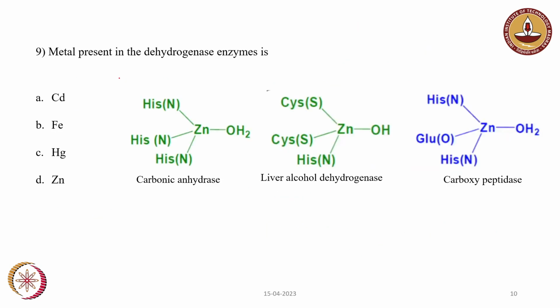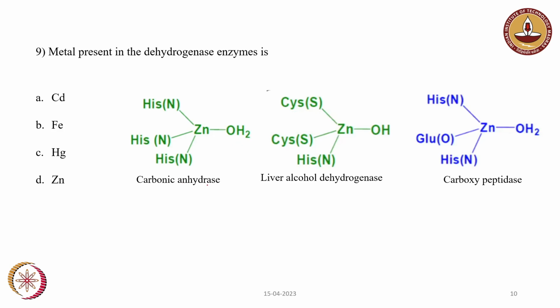Next question is: metal present in dehydrogenase enzyme is option A cadmium, option B is iron, option C is mercury, and option D is zinc. So in most of the enzymes, zinc is present. Here three examples of enzymes are given.